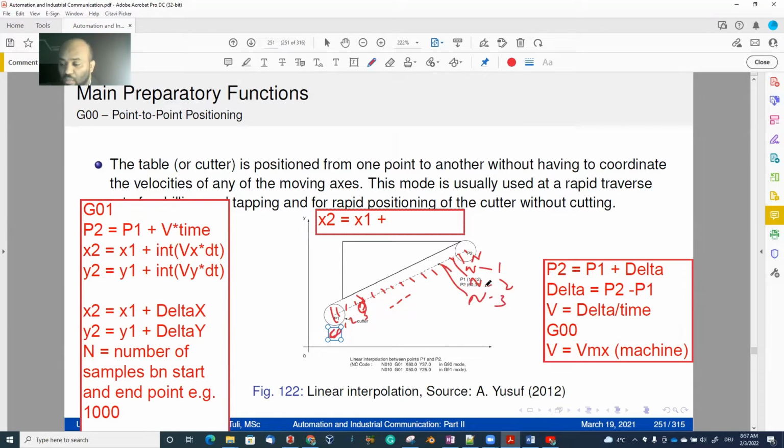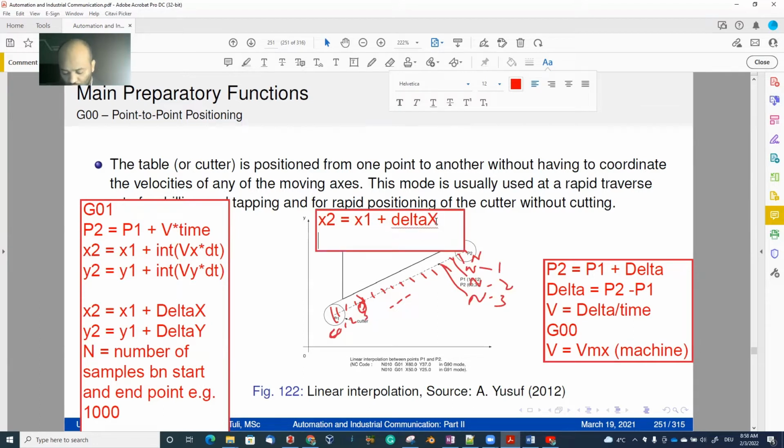Now if we follow this incremental approach, X2 equals X1 plus delta X, right? Delta X. Then X3 equals X2 plus delta X. Then continue.